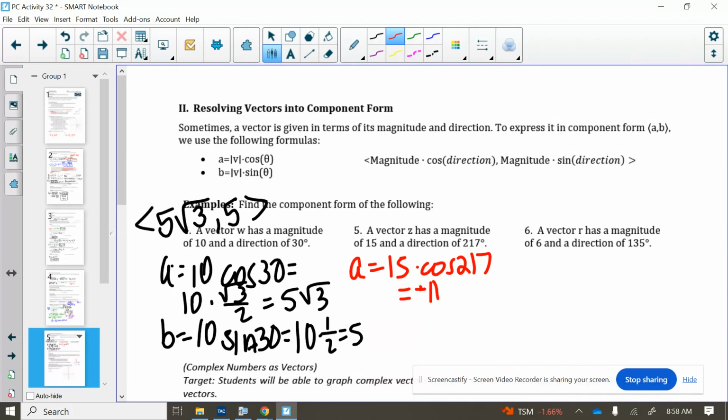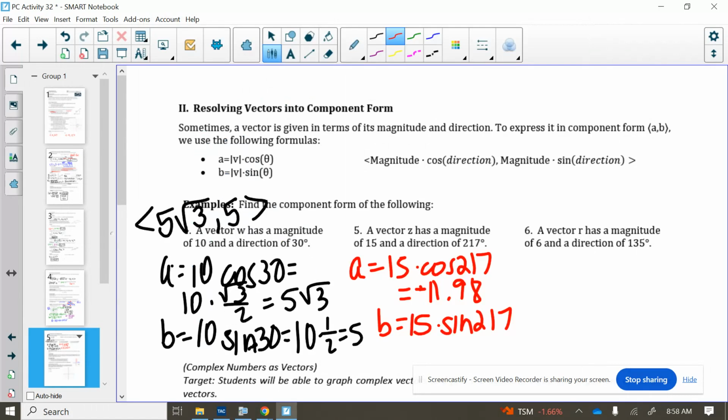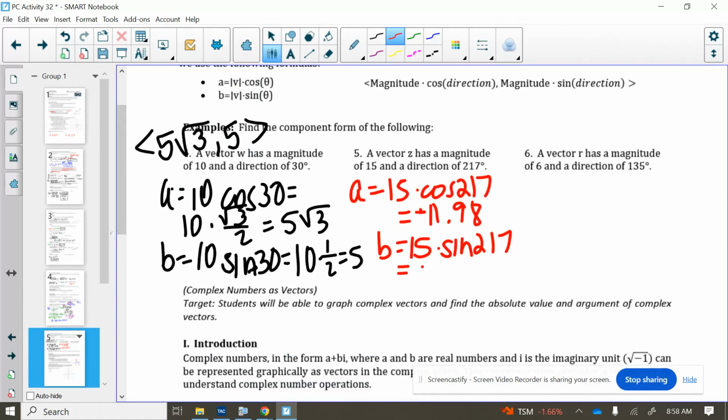So we get negative 11.98. And then b will be magnitude times the sine of that angle. So 15 times the sine of 217 is negative 9.03. And again, component form, we would write that as a, comma, b.